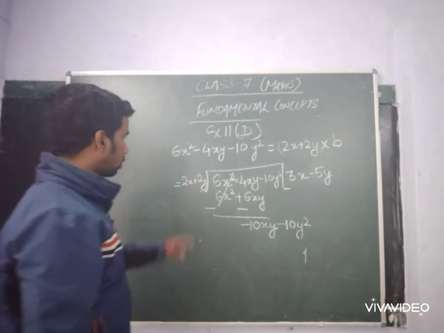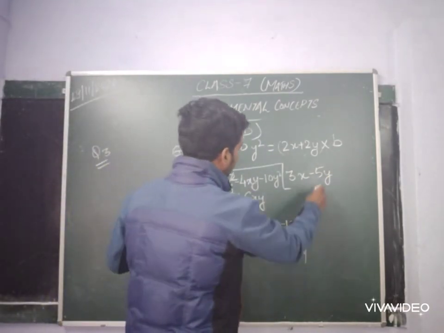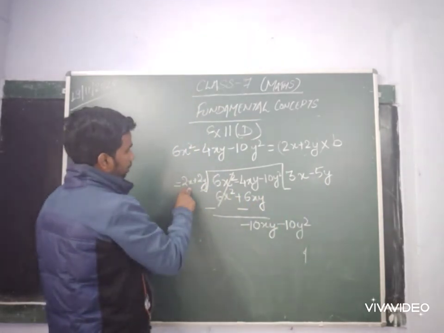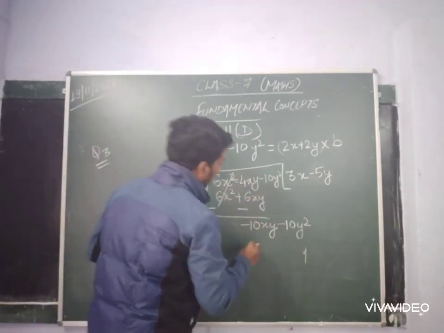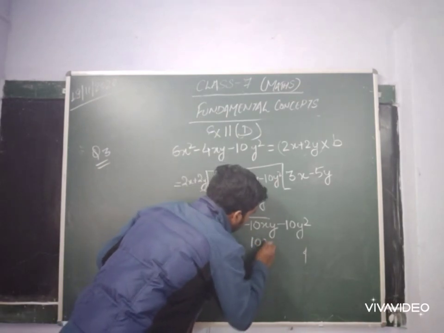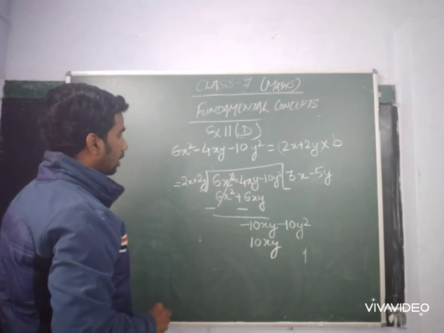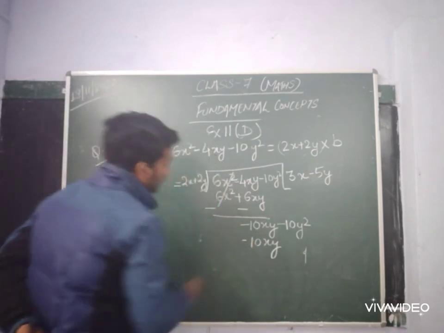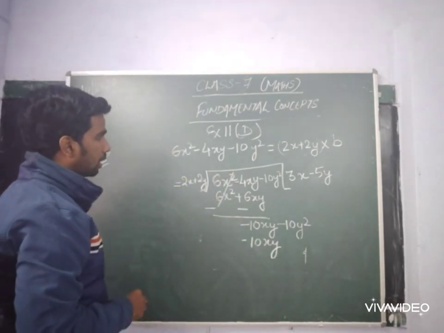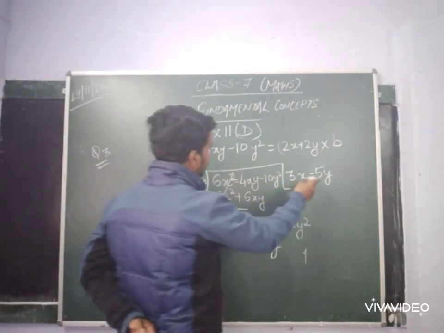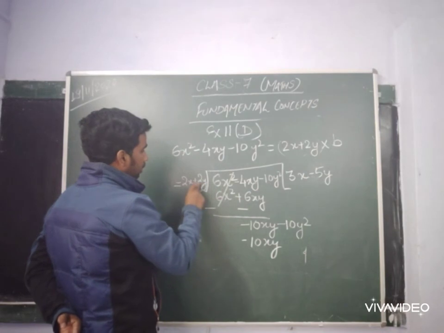Clear? So what we will get? Minus 5 and plus 2. When this is multiplied, we will get 10xy. Okay, and this will be of minus again 5, which is in minus, and multiply with 2.